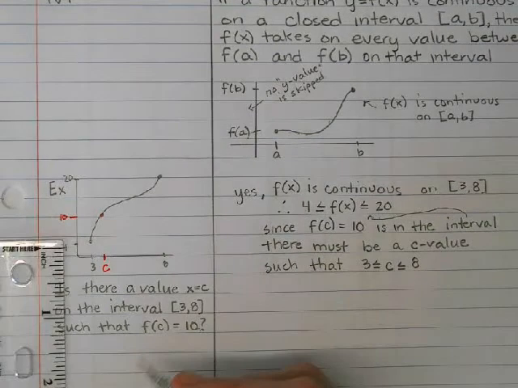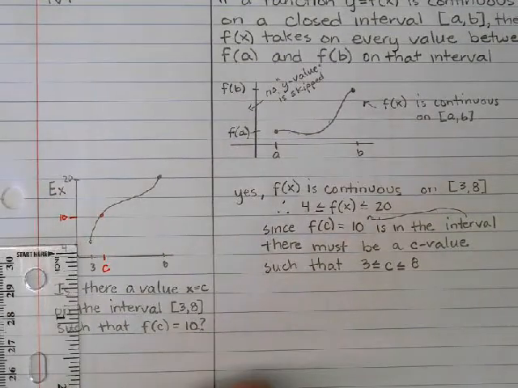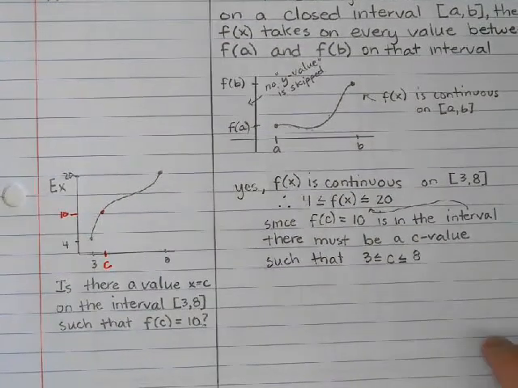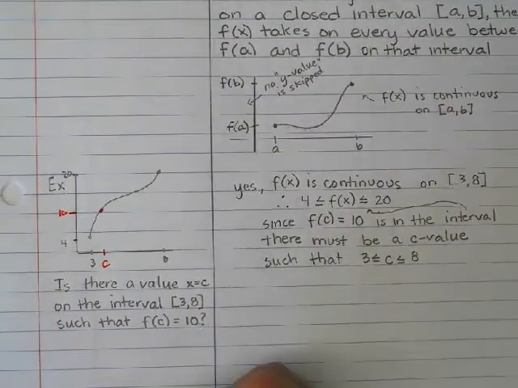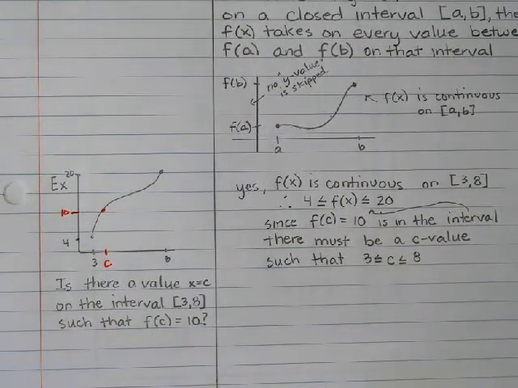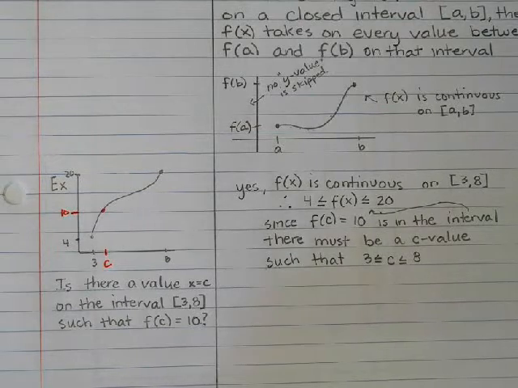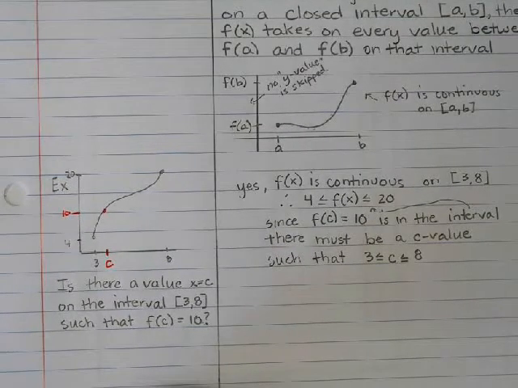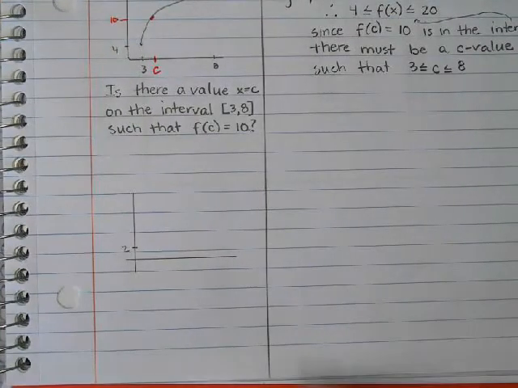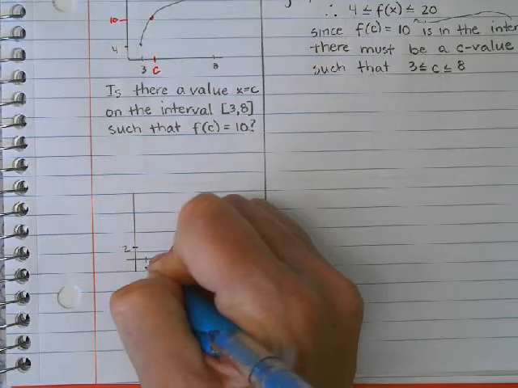Let's look at one other picture here. So let's say that we have a 2 right here. And maybe a 1 right here.